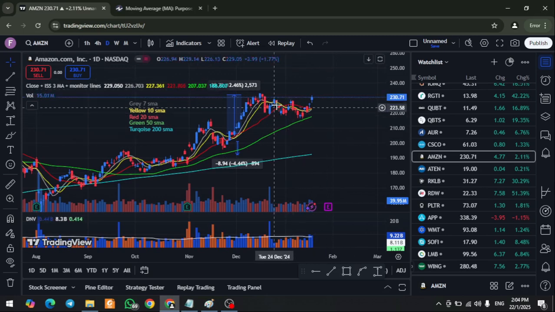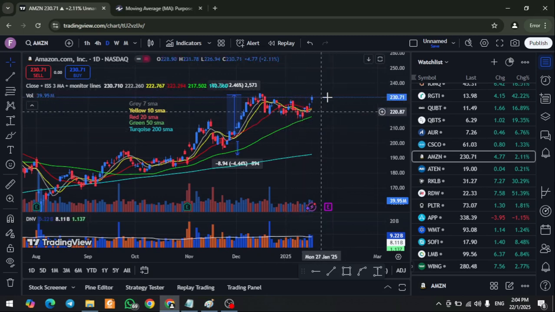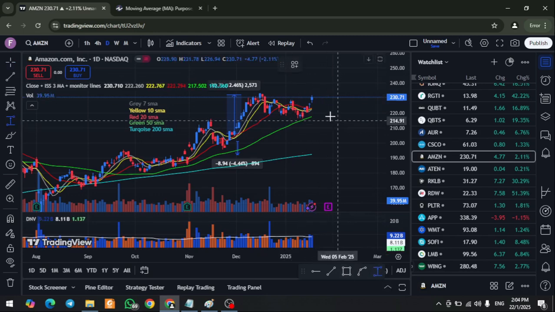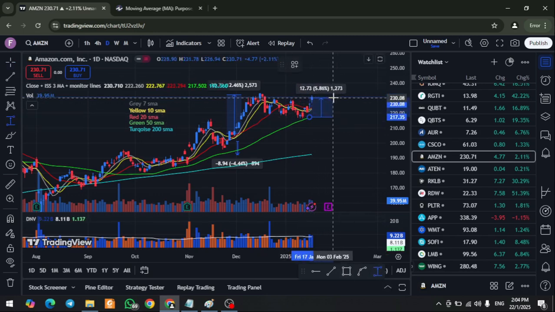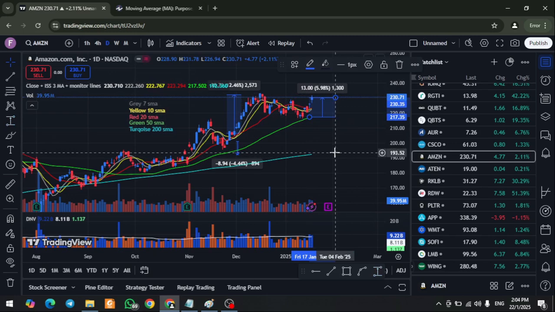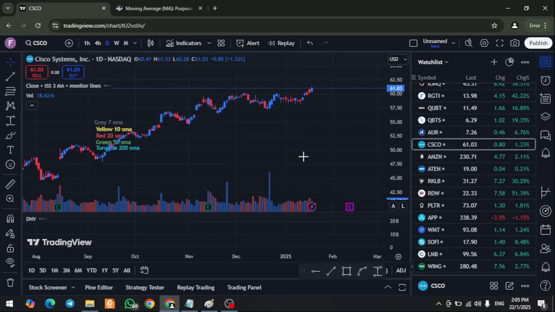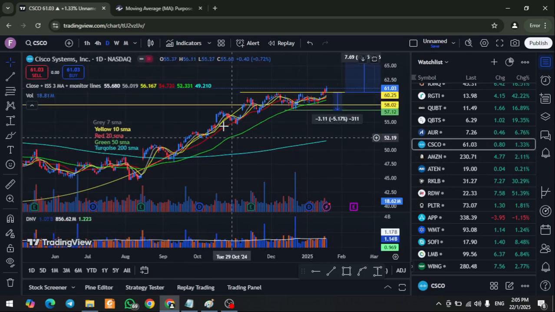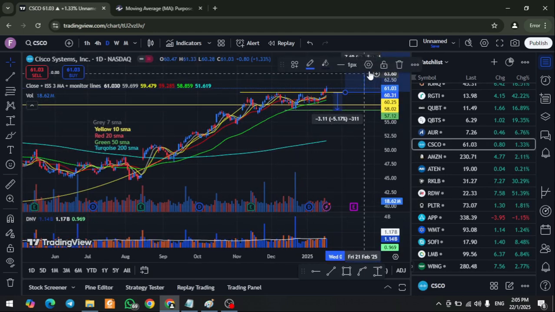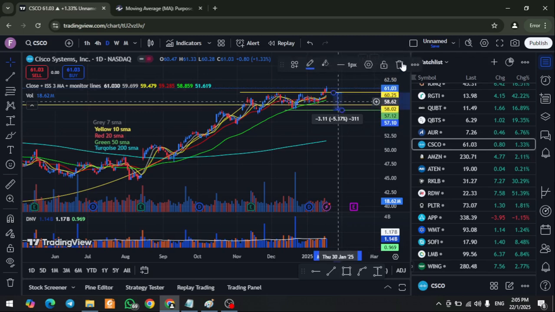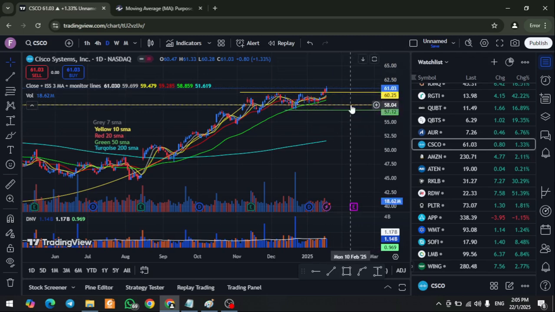Okay, this is a very good example, very good opportunity. So you can see around here the price already moved up from the 50 days moving average 5.9%. Same goes for Cisco. Okay, Cisco, if you can see here, let me delete all of this first.